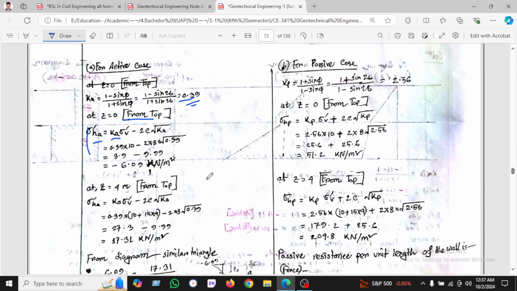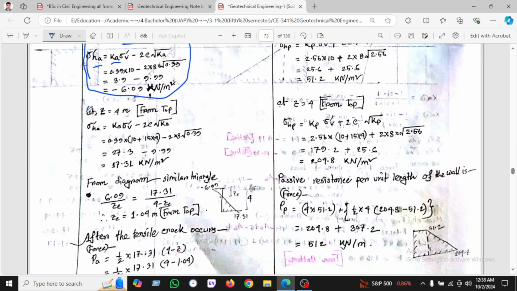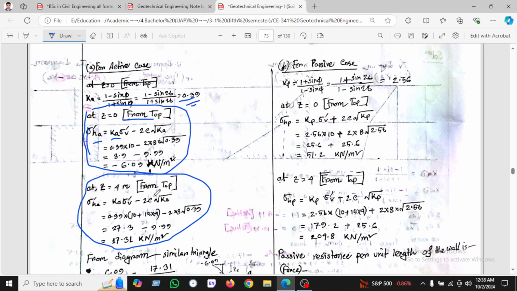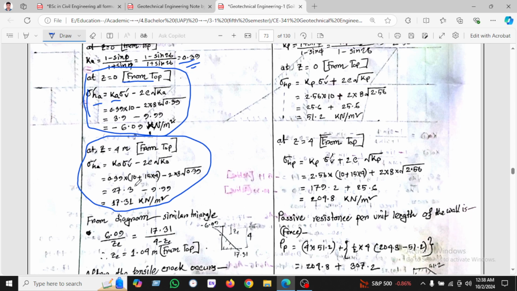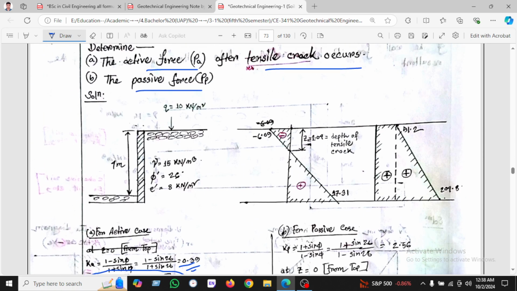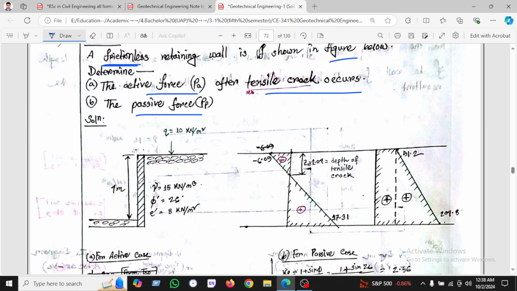And now, these are calculated for when z is 0 at the top. Now we'll calculate when z is 4 from the top. So we will use a z value of 4. K we know is 0.39, and gamma is equal to 10.